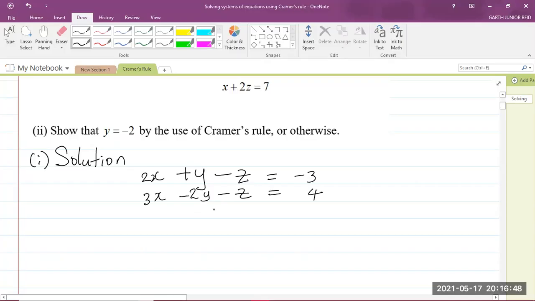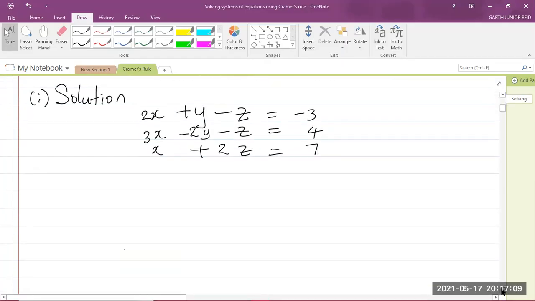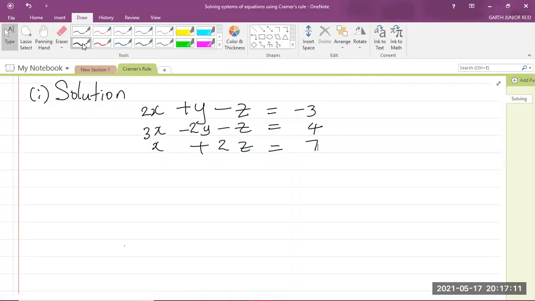And they also gave us that x plus 2z is equal to 7. Okay, and they want us to write it in the form of AX is equal to B. And by the way, A, X and B are matrices, okay? So we need to find those matrices.